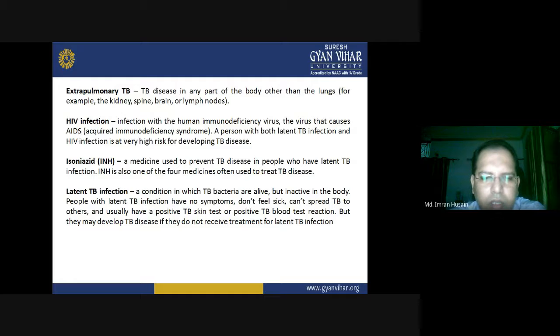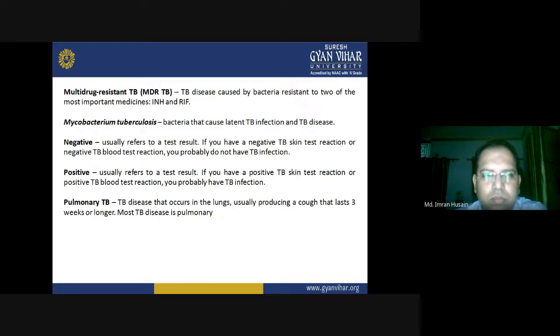But they may develop TB disease if they do not receive treatment for latent TB infection. Multidrug-resistant tuberculosis, or MDR-TB: TB disease caused by bacteria that are resistant to two of the most important medicines, INH and RIF.